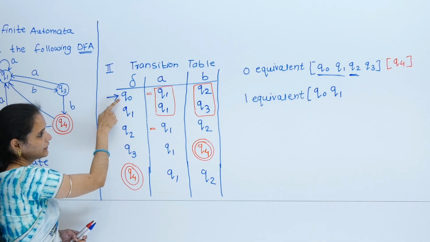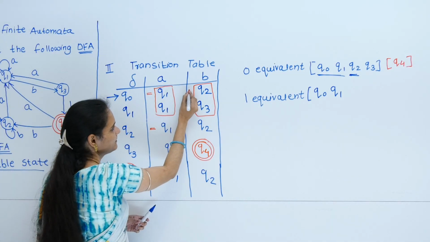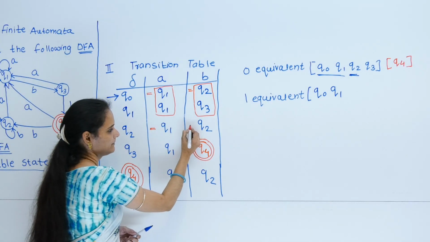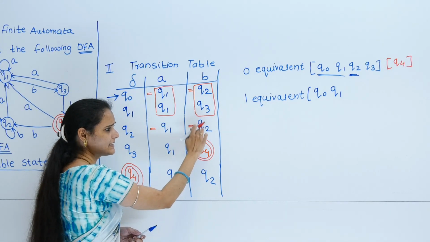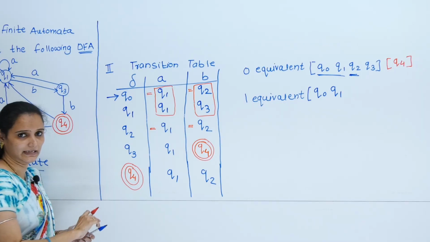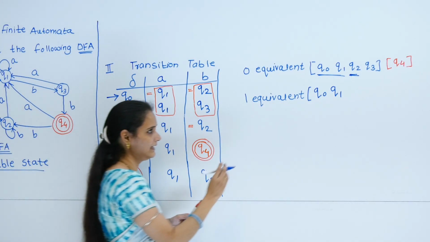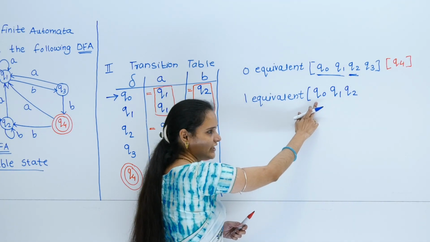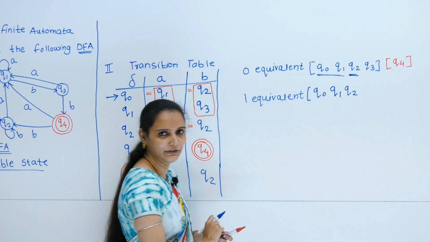The next is Q0 on B, it goes to Q2, and Q2 on B, it goes to Q2. Here again it is the same state. Therefore Q2 still remains in the group which contains Q0 and Q1.